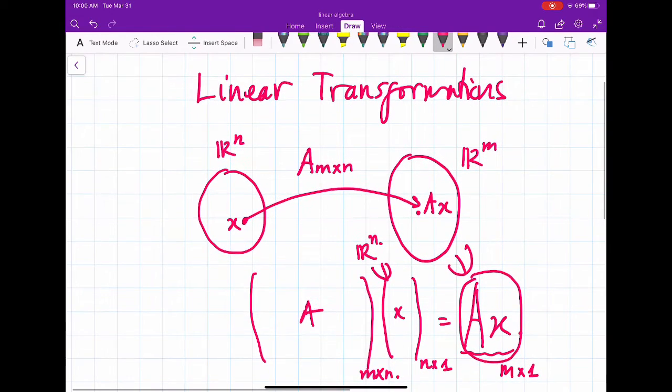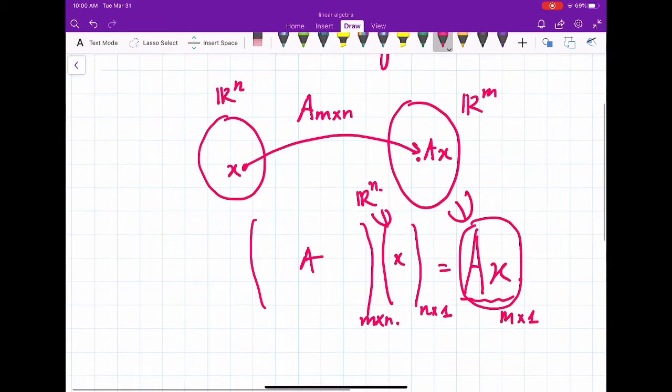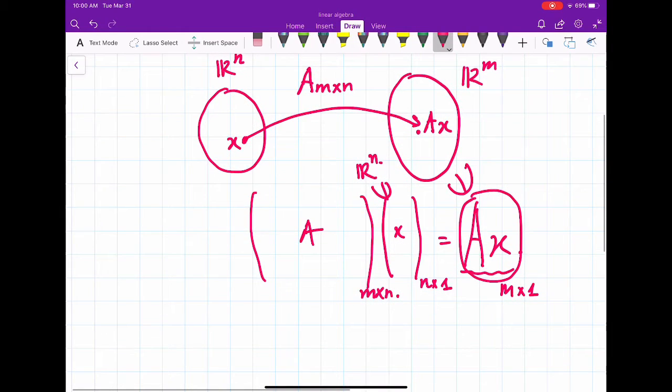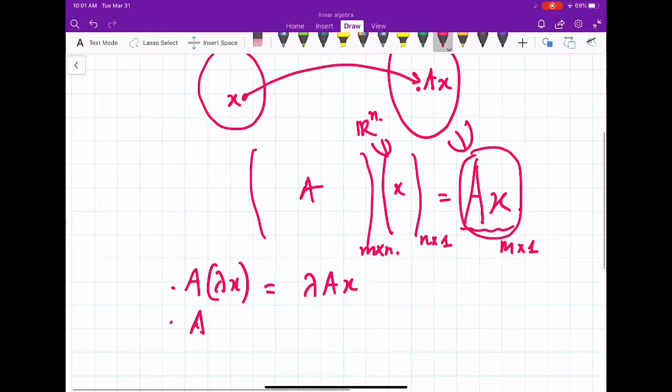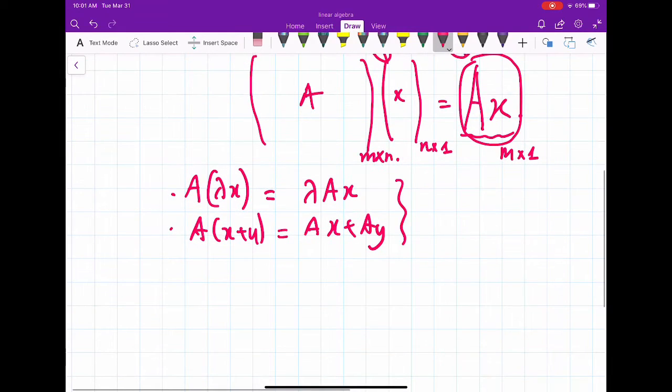Make sense? And of course, this map is linear. Why? This map is linear because A(lambda x) is equal to lambda Ax, and A(x plus y) is equal to Ax plus Ay. We have these two properties because of matrix multiplication, right? So from that point of view, A is a linear map.